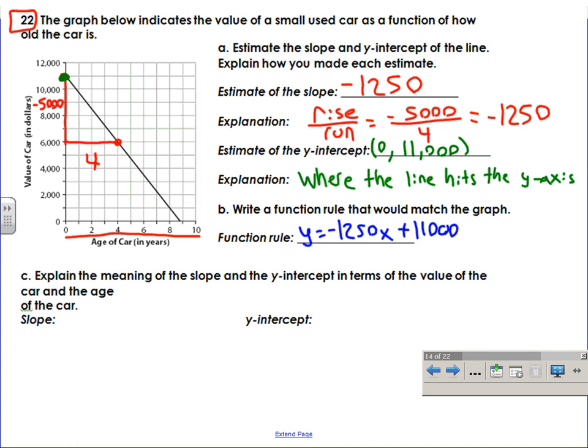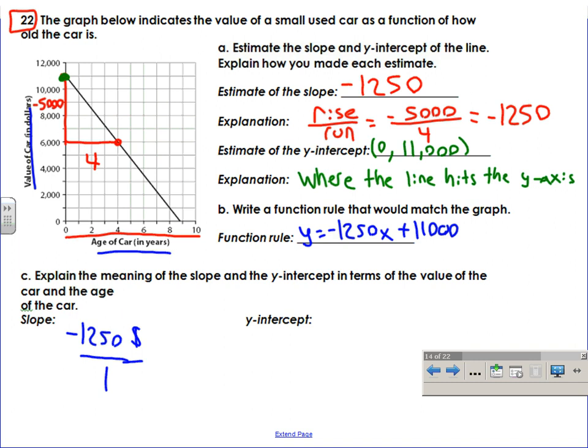In part C, explain the meaning of the slope and y-intercept in terms of the value of the car and the age. So let's think rise over run. Negative 1250 over 1. That's rise, the y-axis, which is measuring the value of the car in dollars. So that's negative 1250 dollars for every one.